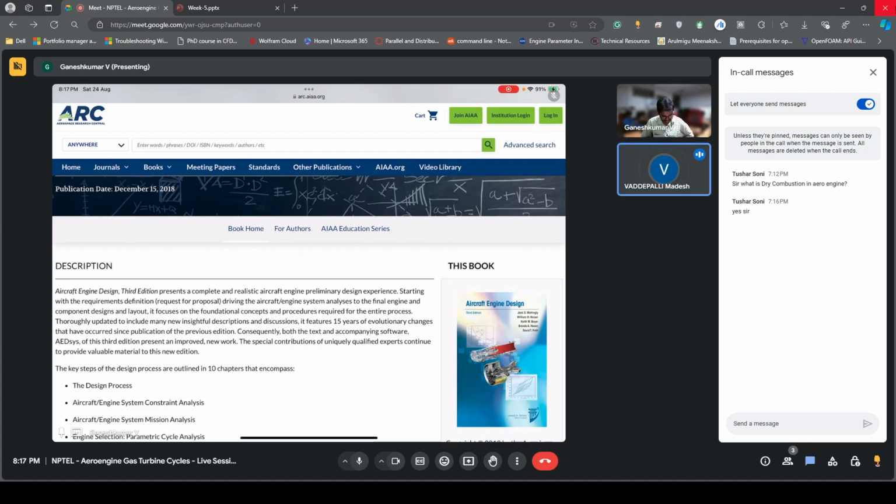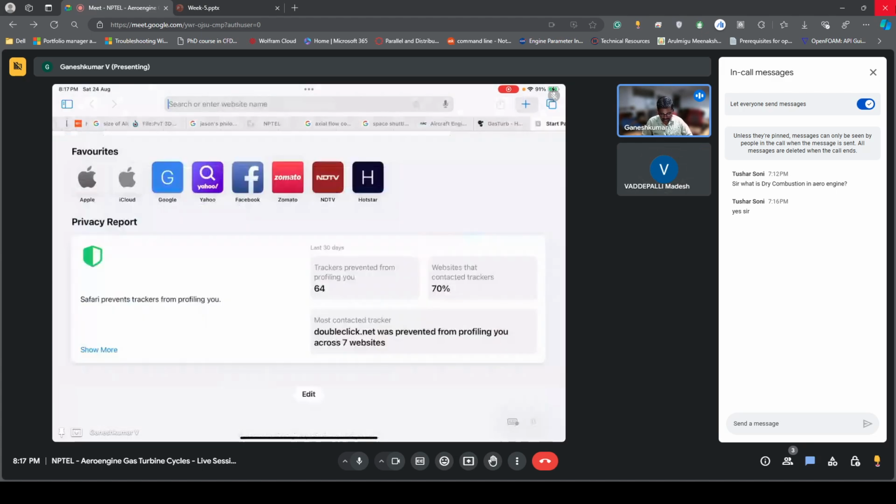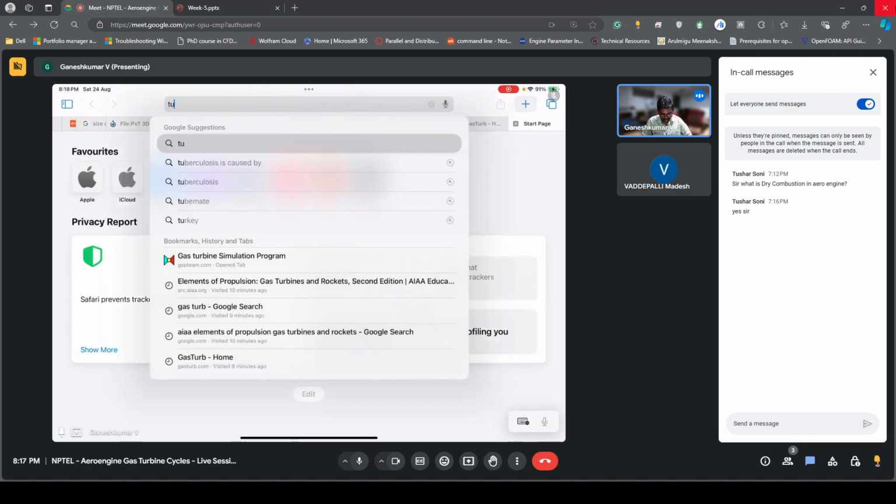Yes, I will talk with the Professor. What you can probably end up getting are compressor blade design standards, component standards you might be able to find out, let's say turbine blade.